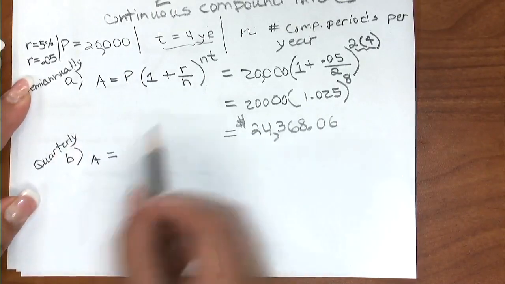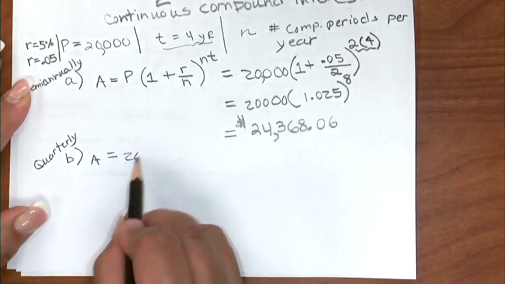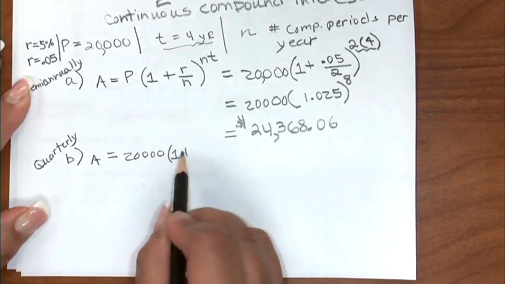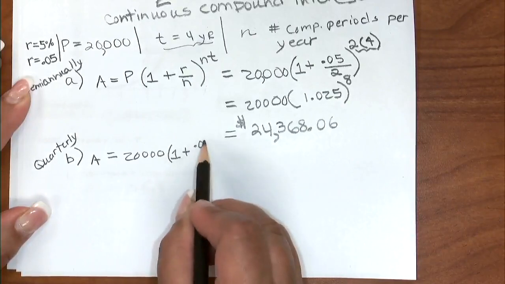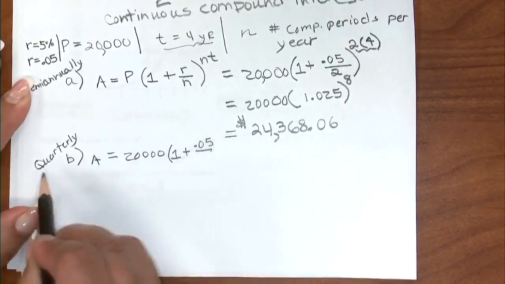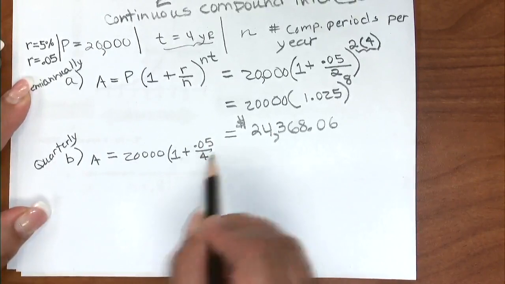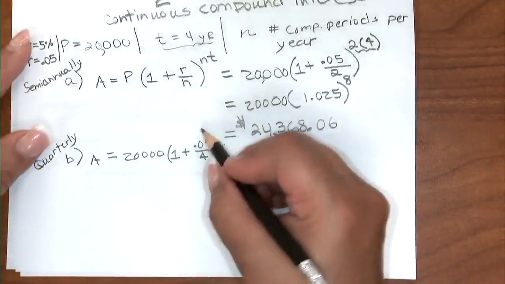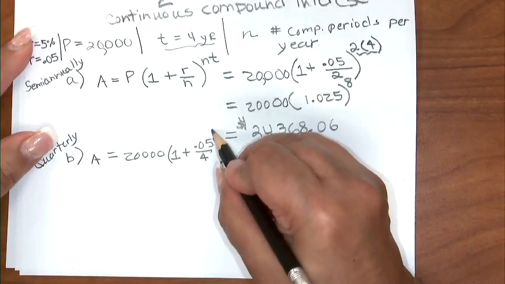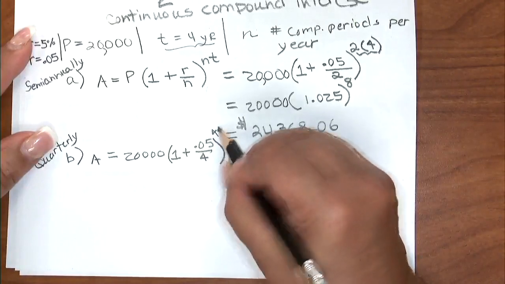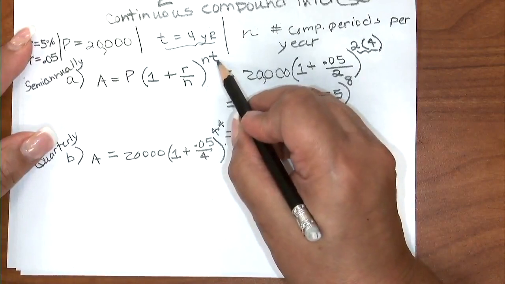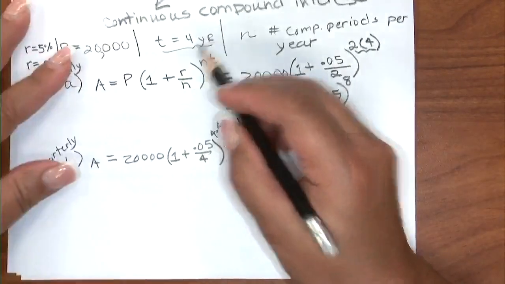So it's A, I'm following this formula, 20,000 times 1 plus the rate, which was 0.05, but this time quarterly, n value is 4, and then I'm using a power. My n value was 4 times 4, because the t, you got to put t for 4 years, and the n was also 4.